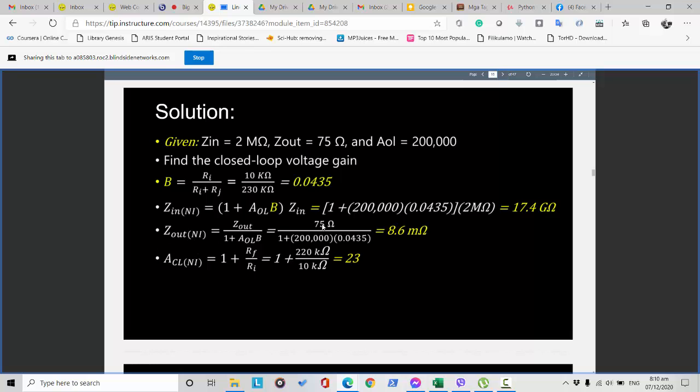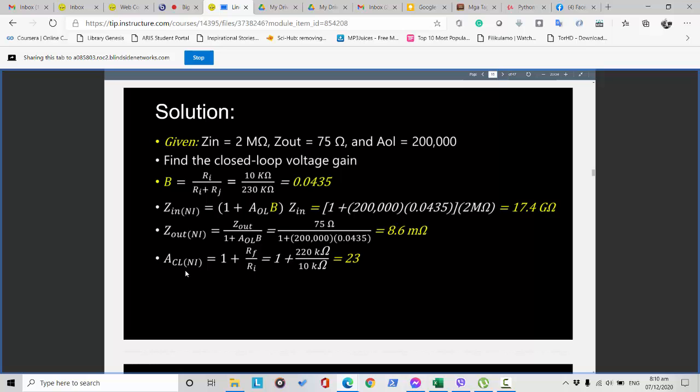So substituting the formula, that will be 75 ohms, because that will be our output impedance, divided by the sum of 1 plus the product of the open loop voltage and the B, which is the attenuation. Okay, so the final quotient will be 8.6. This is milliohms.